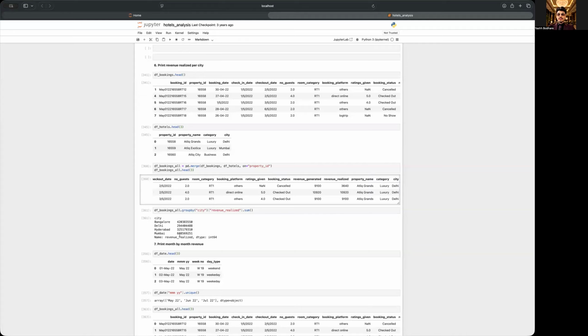After validating the merged data frame, we used groupby city to create city level groups. We selected revenue realized as our financial metric and used sum because revenue is additive. Our final insight was that Mumbai generated the highest total realized revenue at approximately 668.57 million, even though Delhi had the strongest average occupancy in our earlier analysis.